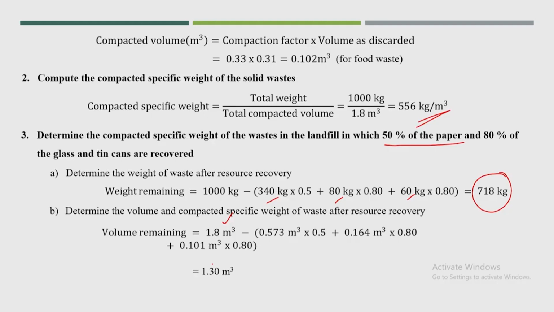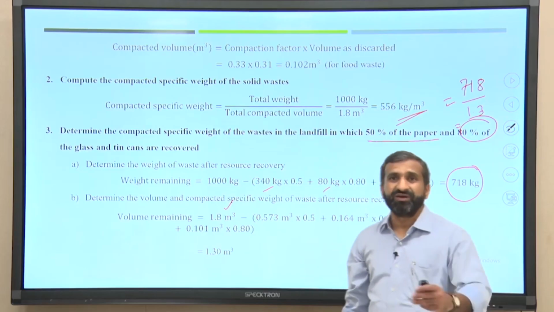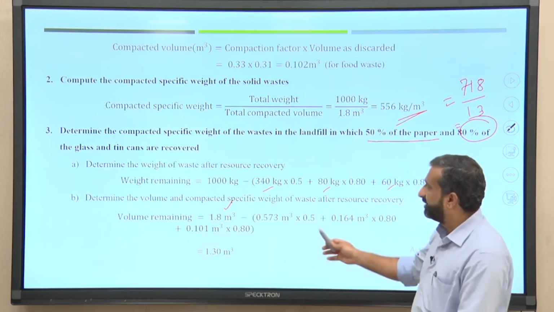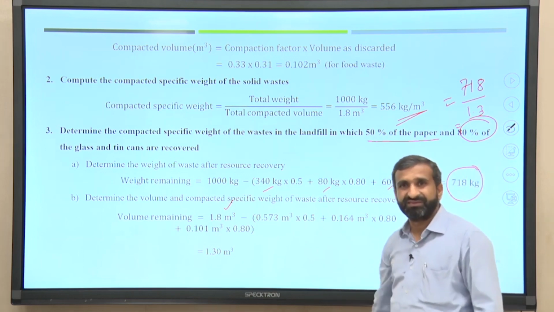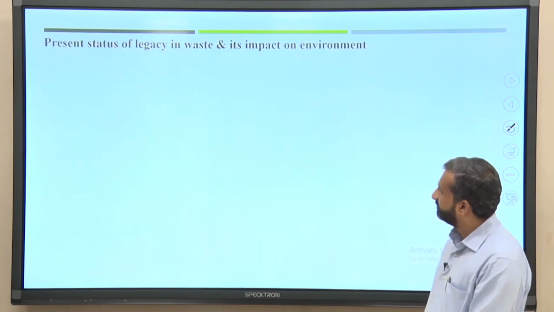We calculate it as 718 divided by 1.3. Whatever answer comes up will be the specific weight finally, after recovery of paper, glass and tin. This is the final answer.